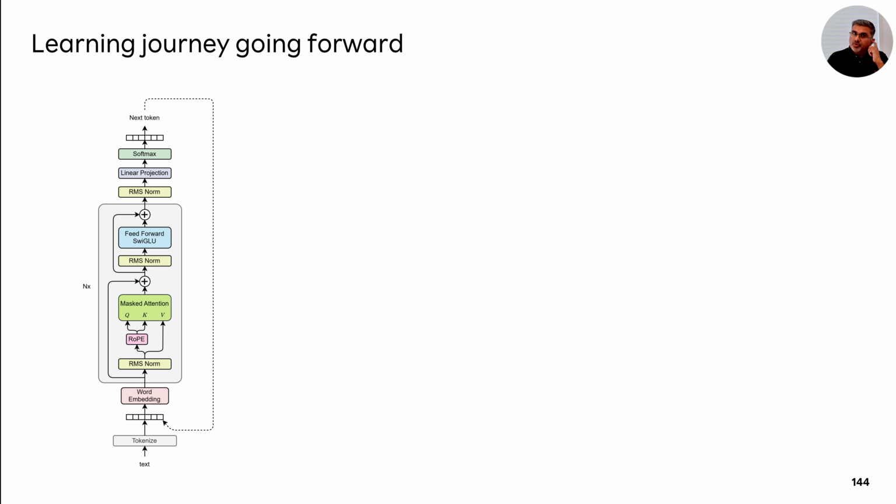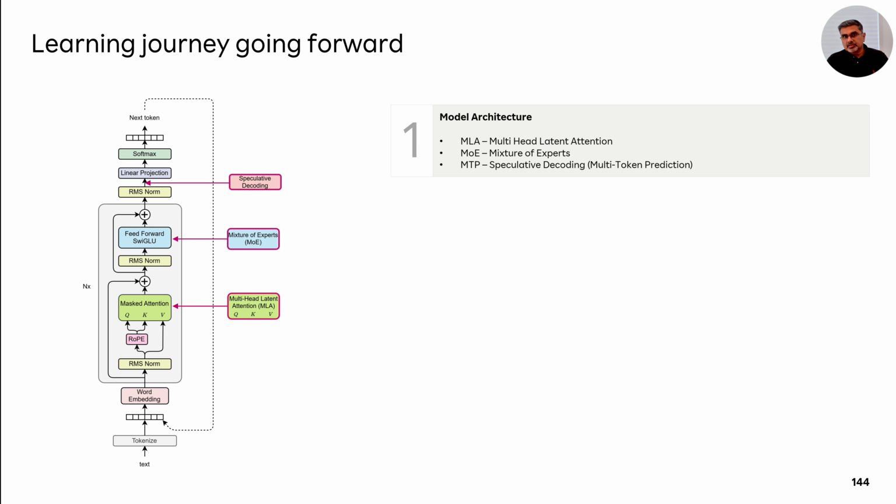So what we will cover in subsequent episodes, now that you have a very solid foundation, is things like model architecture enhancements. At the very beginning of this episode, I told you that in 2024 and onwards, there's been research in enhancing the model itself, things like multi-head latent attention, mixture of experts, speculative decoding. I will cover all those in another episode.